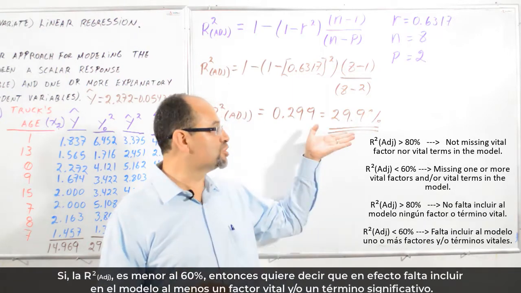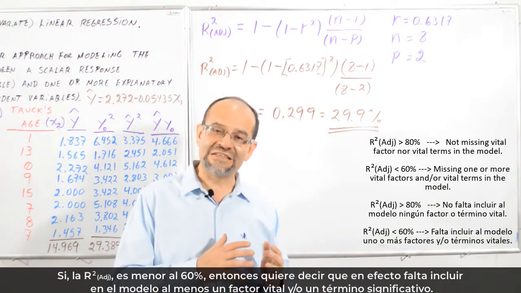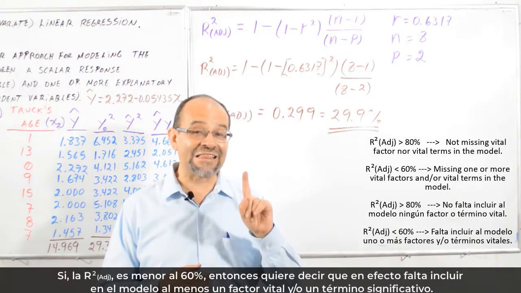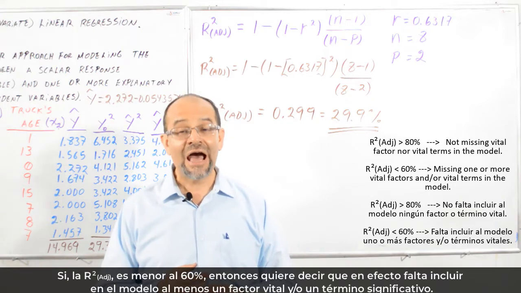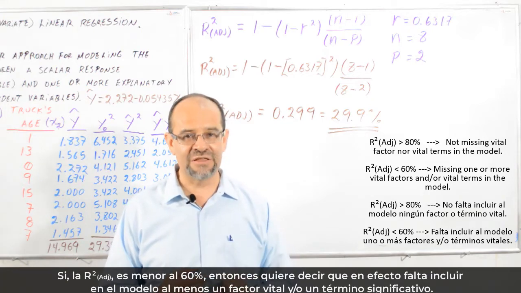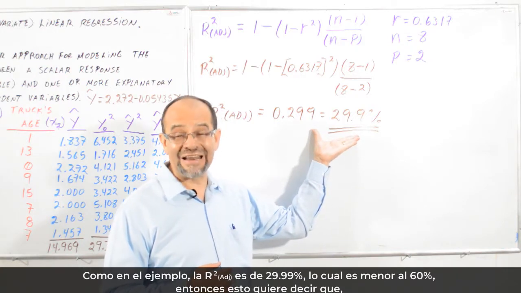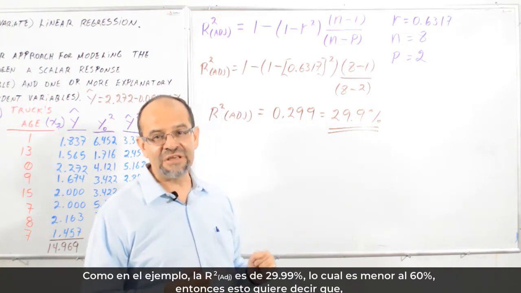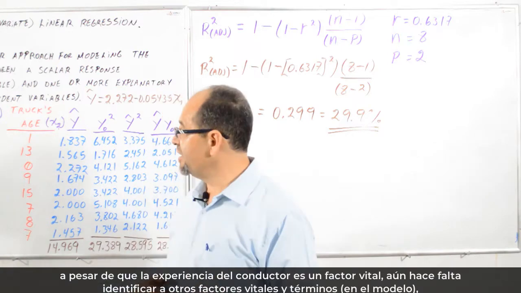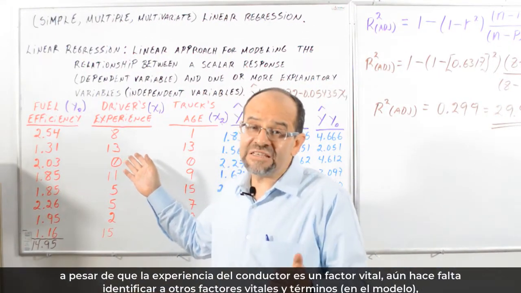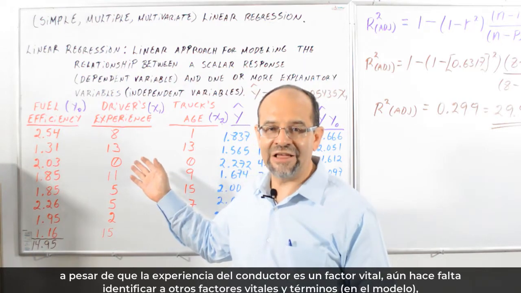If the R-squared adjusted is smaller than 60%, that means that certainly we are missing at least one vital factor and or significant term in the model. Since this value is smaller than 60%, that means that although the driver's experience is a vital factor, we are missing other vital factors and terms.